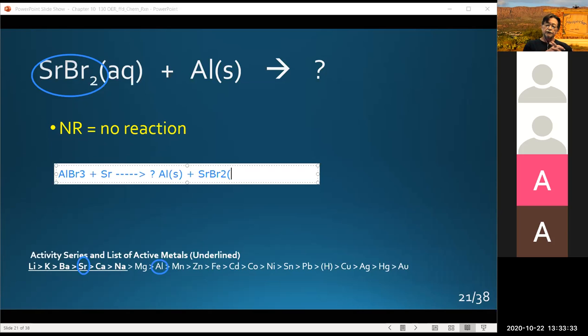What would I use? What tool do you have that helps you determine whether SrBr2, strontium bromide, is soluble or insoluble?